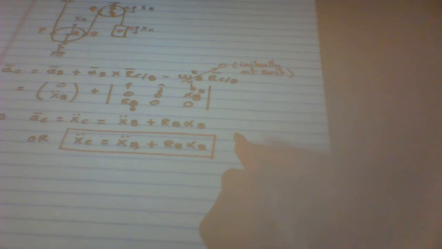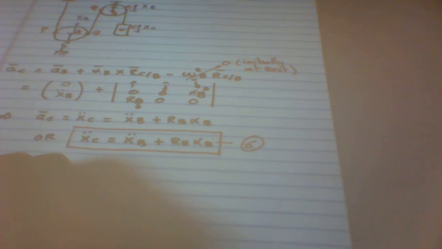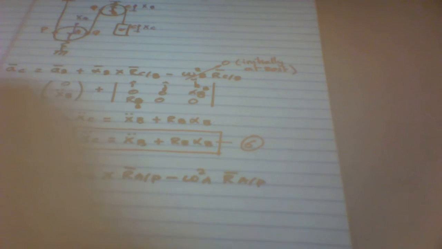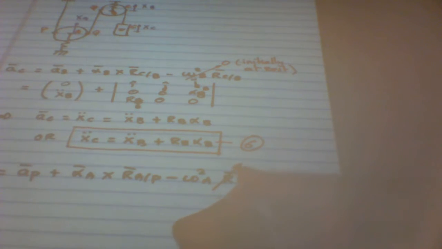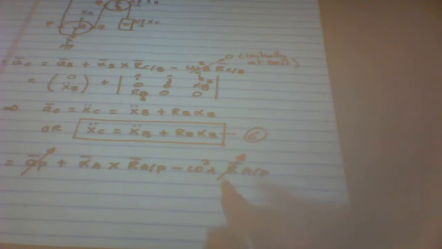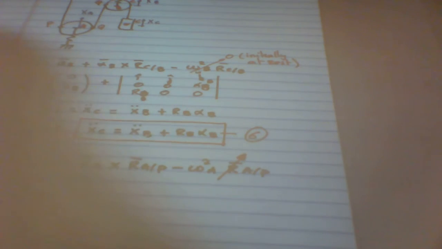I don't know if I should give a name to this one, but this could be equation 6, let's say. Now we could find the acceleration of point A from point B. Same as before, this is going to be 0. I mean, this is not really 0, but this should cancel this one. In this case they are both 0, but let's say they just cancel each other.